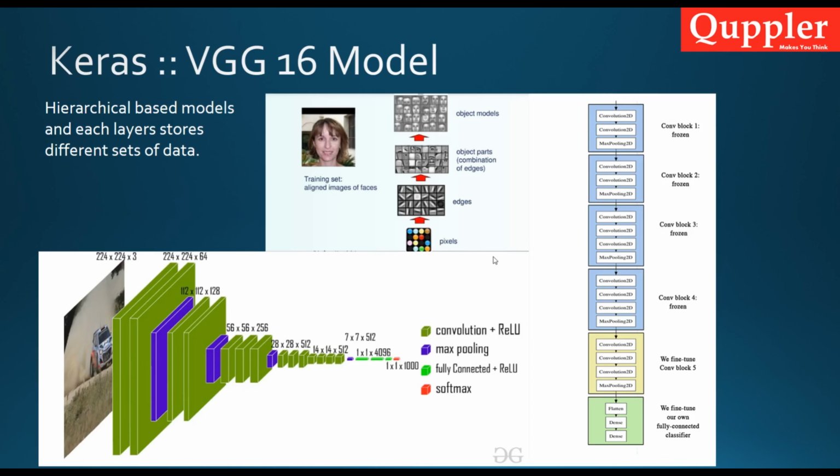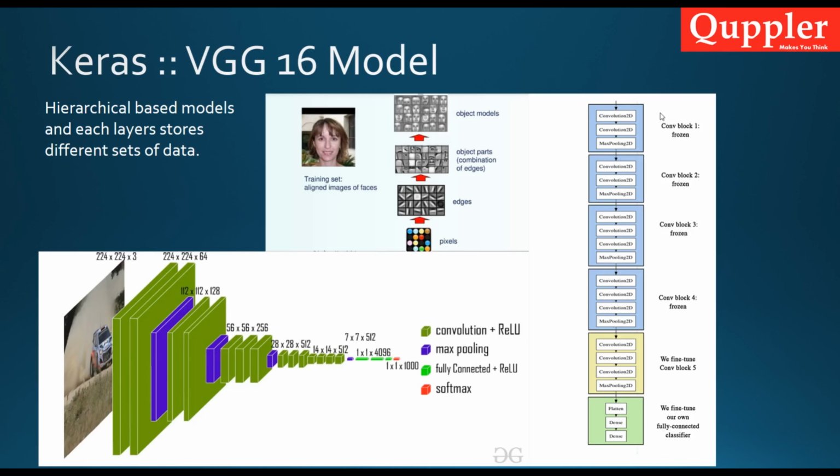In this entire thing which we're going to do, there are convolutional blocks which have already been defined, and the last layer which has already been trained. It's up to us whether we just modify or fine tune the last layer for feature extraction, or we freeze some of the layers, let's say till block 3 or block 4, and then fine tune only the fifth and the sixth block.